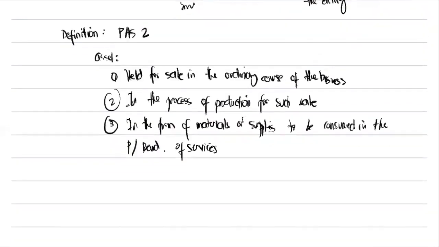Okay, so under PAS 2, the definition of inventory is not exclusive. It is not defined exclusively as a general form of inventory. In the definition of PAS 2, inventories were enumerated, so it enumerates the different types of inventory.